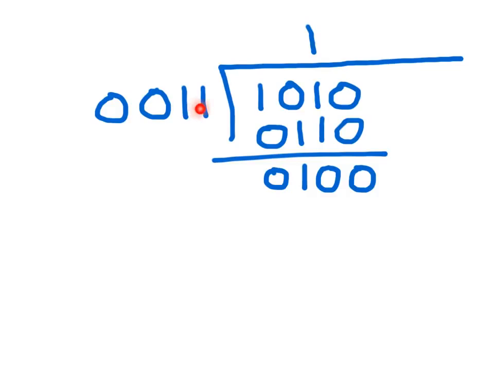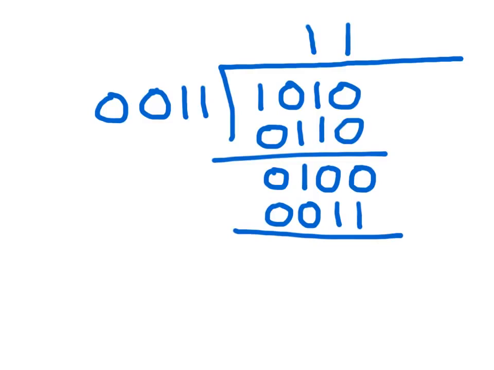Now, 3 goes into 4 one time, and if we multiply 1 times 3, we're going to get, of course, itself.